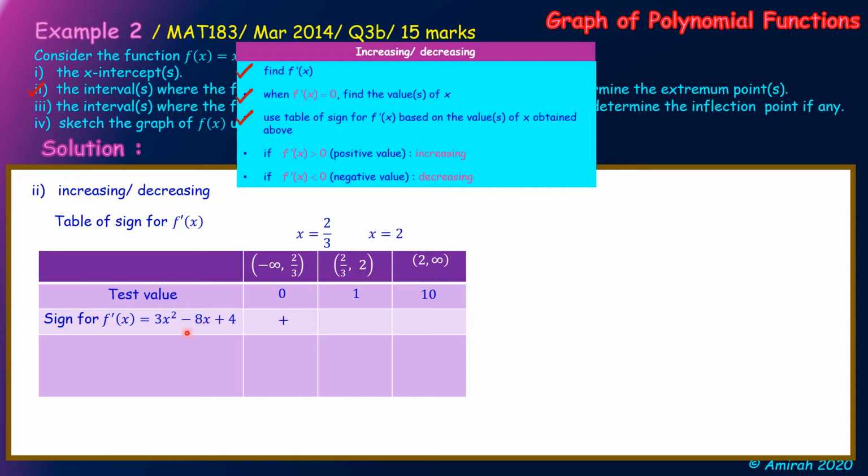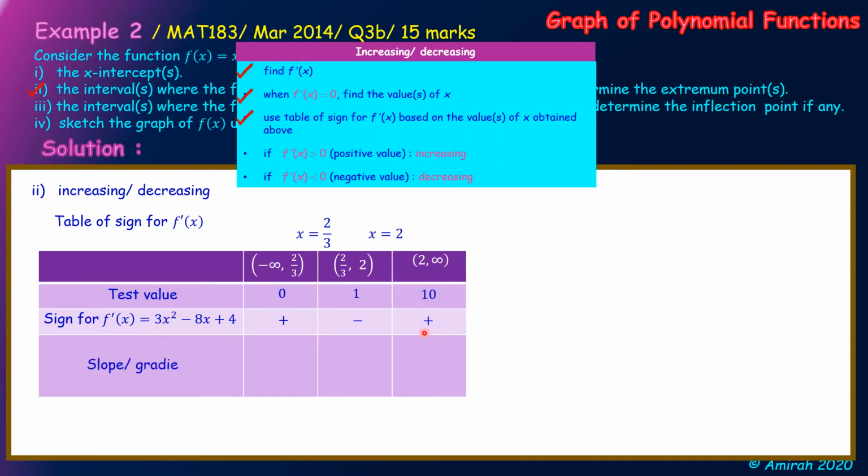After we substitute, we get positive 4, but we just need a sign, so we put a positive sign here. Then we substitute 1 into f prime x, so we get a negative value, and we put a negative sign here. Then we substitute 10 into f prime x, and we get a positive value.